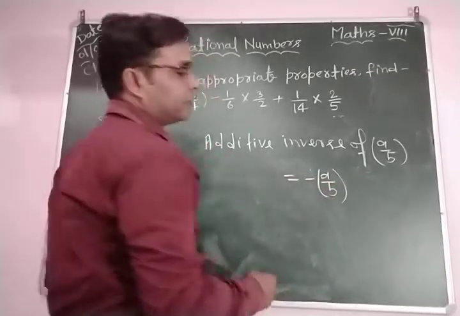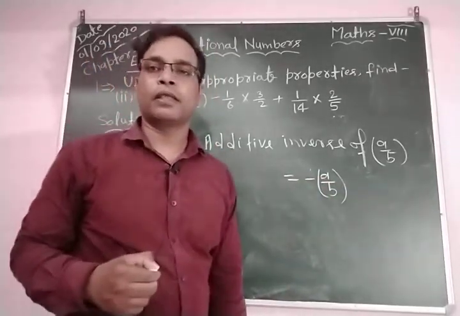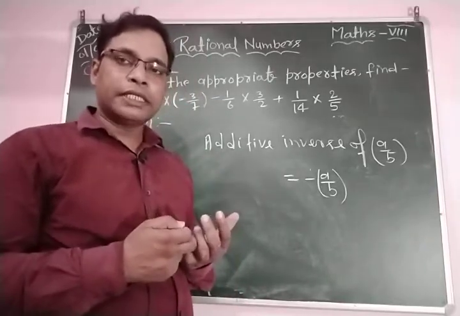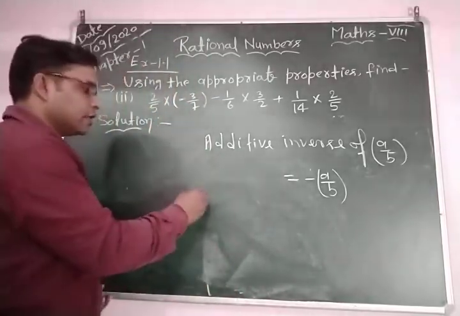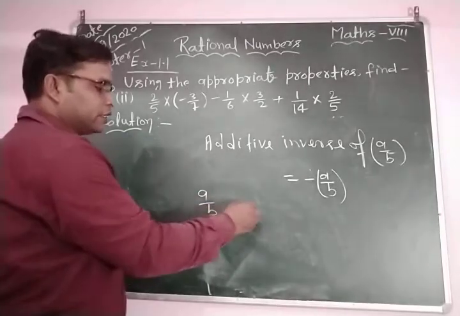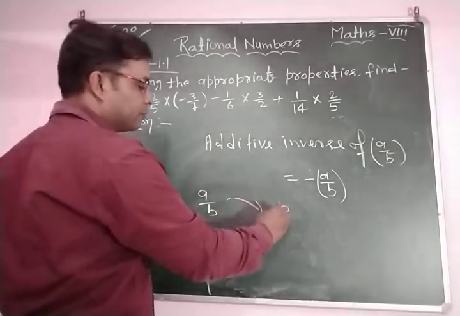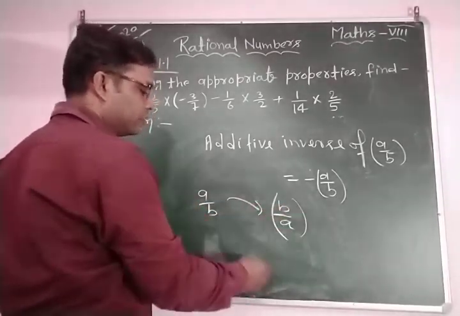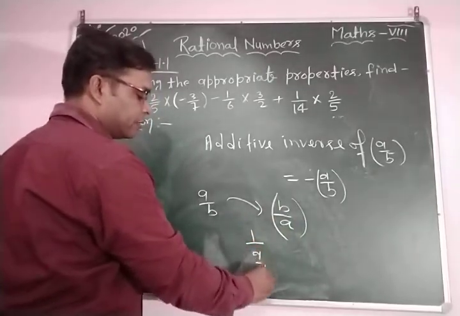In the case of the multiplicative inverse of a by b, this is equal to b by a, or you can say 1 by a by b.